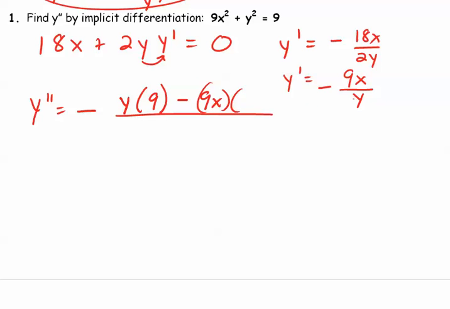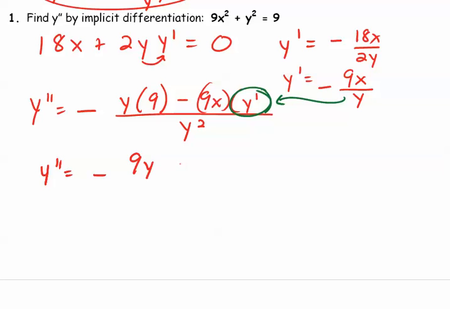The derivative of y is just 1 y prime, the chain rule, all over y squared. All right, and here's our first substitution. Remember that this y prime doesn't belong inside of a derivative, so we want to replace this y prime with its equivalent.